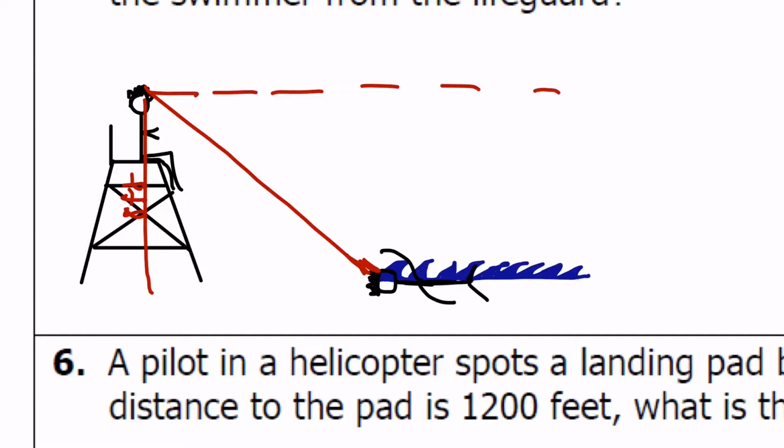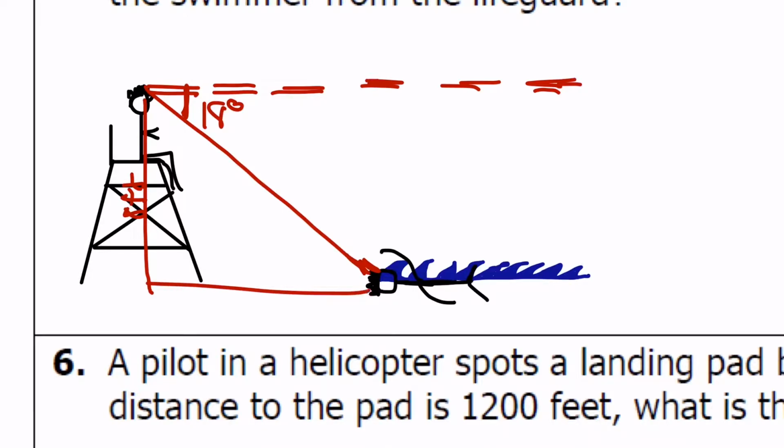Okay, so I drew my lifeguard's line of sight to the swimmer. That's this line right here. I need to draw a horizontal line from the observer, and that's what I did right here, so that I can see where my angle of depression is, which is right in here. My angle of depression in this case is 18 degrees.